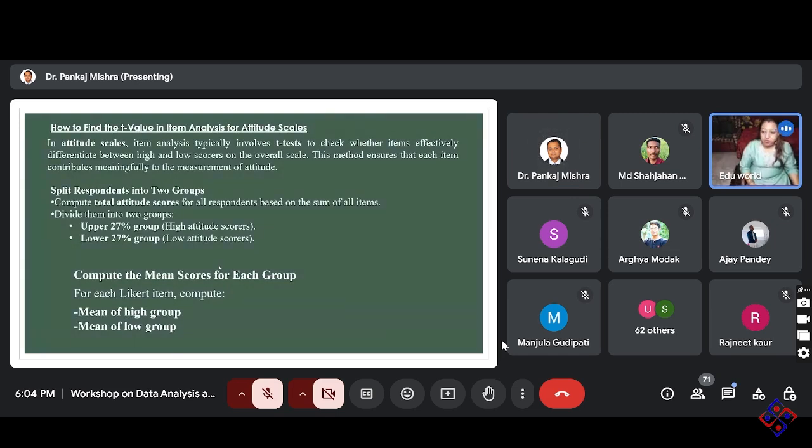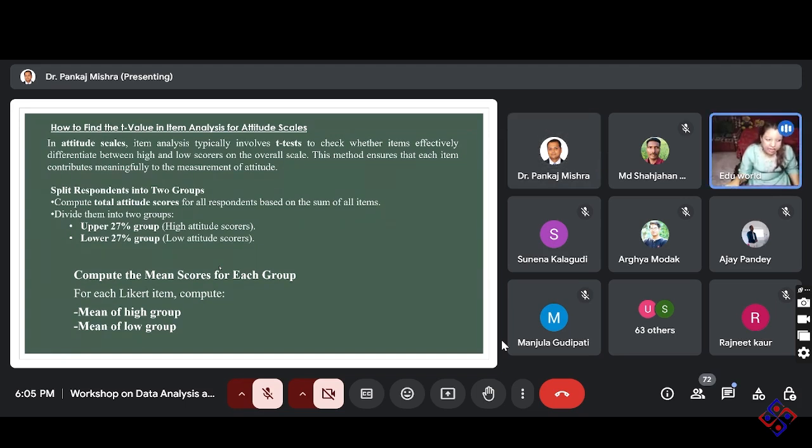Now, we are coming to the attitude scale standardization. That one was related with the achievement scale. Now we are coming to the attitude scale, the one which is related to the Likert scale. In the Likert scale also, the attitude scale item analysis typically involves a t-test. Based on the t-test value, we will accept as well as reject the item.